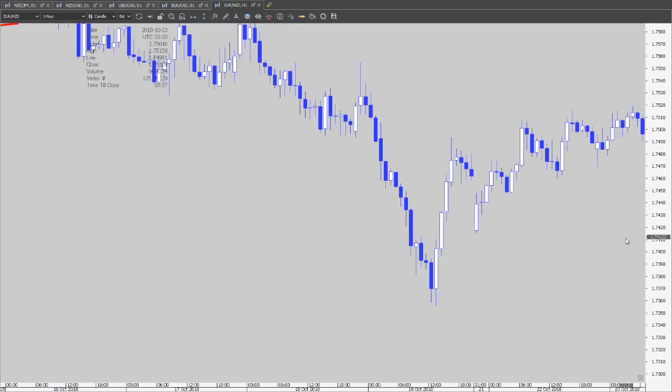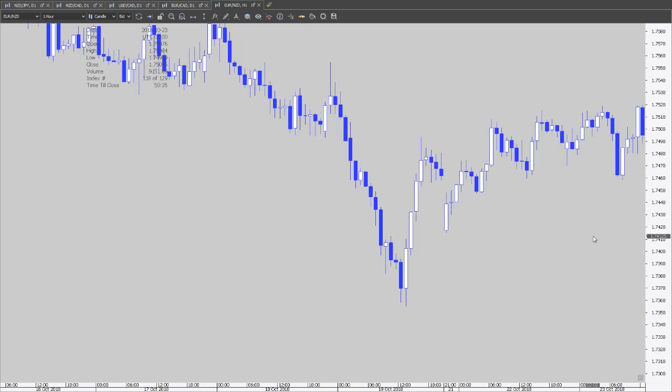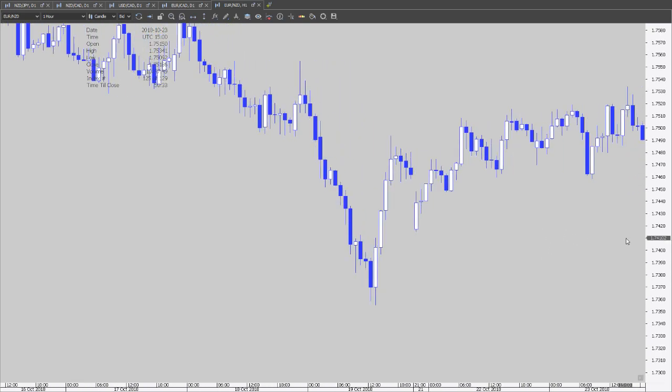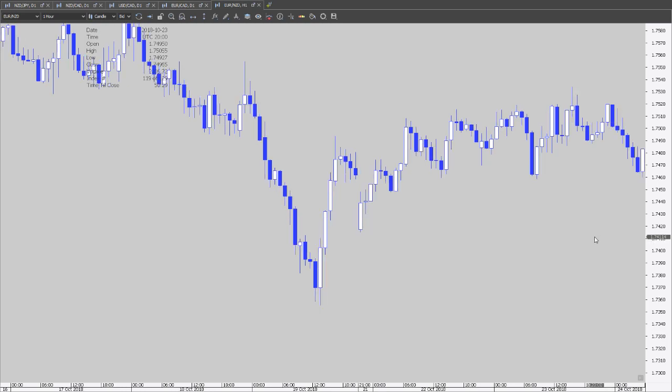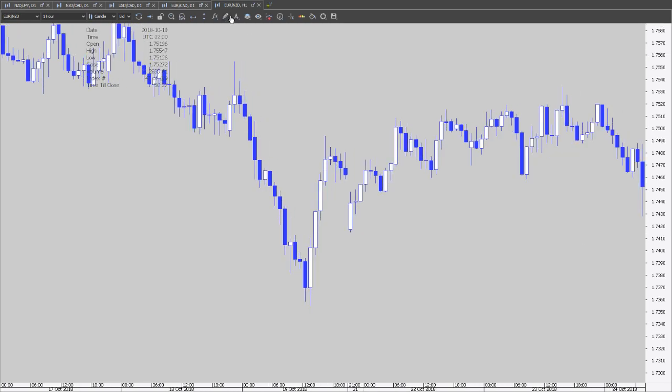Retracement. Market making higher highs, higher lows, higher highs, higher lows. And bam. Crown. Center tip. Left tip. Right. Lower low.